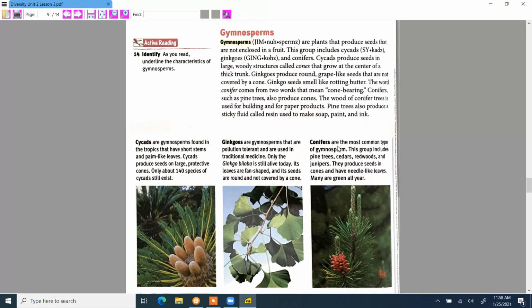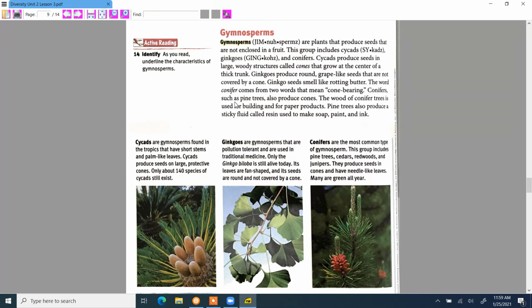These are the type of gymnosperm that you usually think about when you think about conifers. This group includes pine trees, cedars, redwoods, and junipers. They produce seeds in cones and have needle-like leaves, and many are green all year.